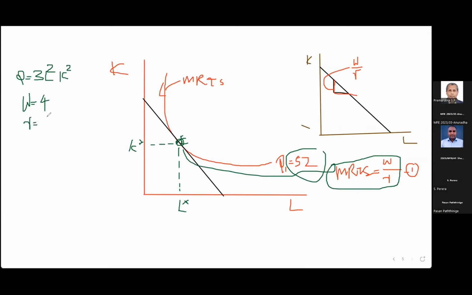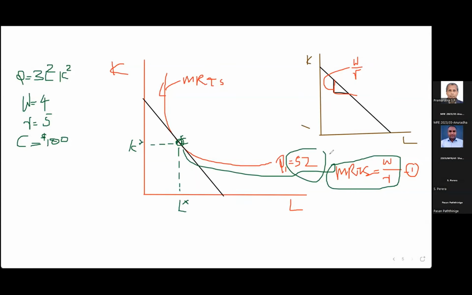The capital rate R is, let's say, $5. Now with that, the additional information, let's say you have an allocated budget for this. The total cost, let's say $100. With this price-related, cost-related information, we can develop the isocost line.